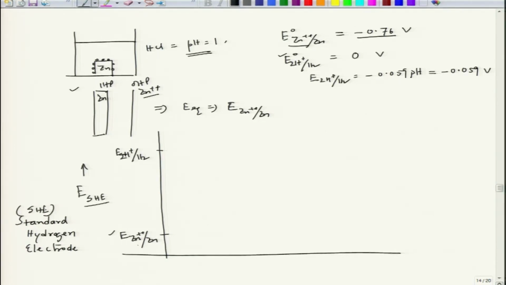So, E equilibrium, which is E zinc plus zinc, would be less than E0 zinc plus zinc, because zinc ion concentration in the actual system is lower than the unit activity or unit concentration.